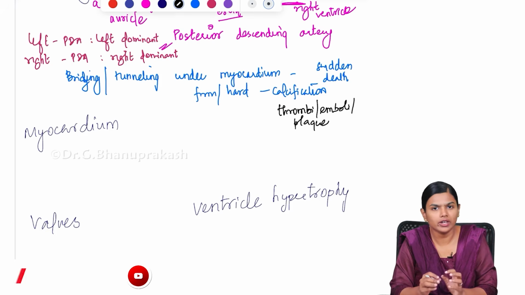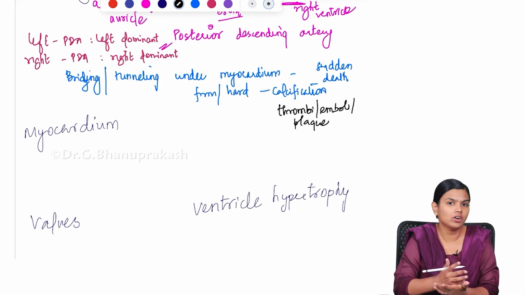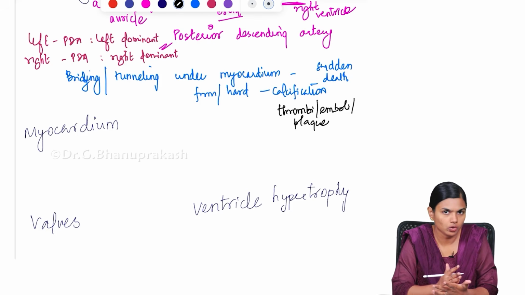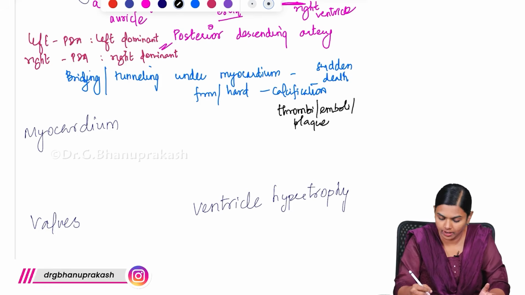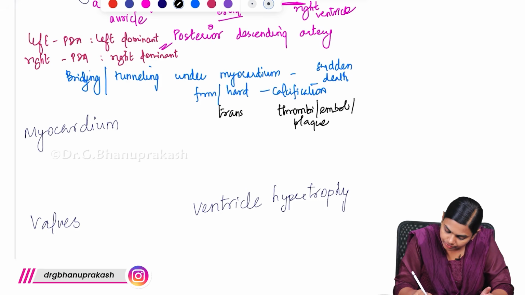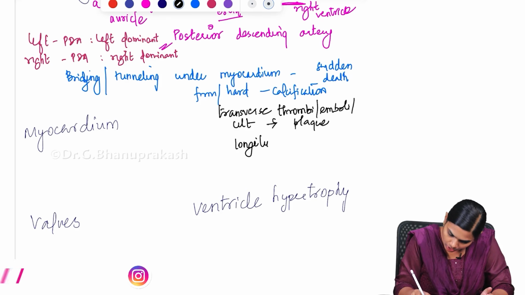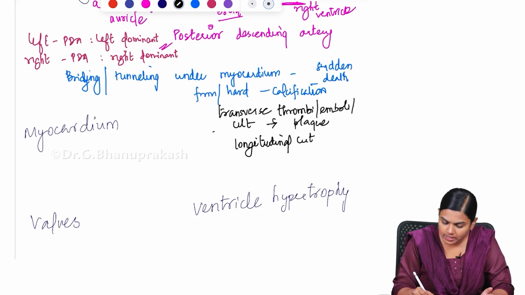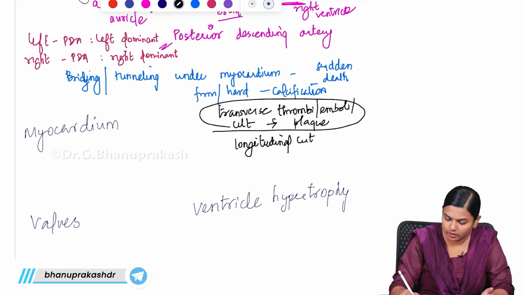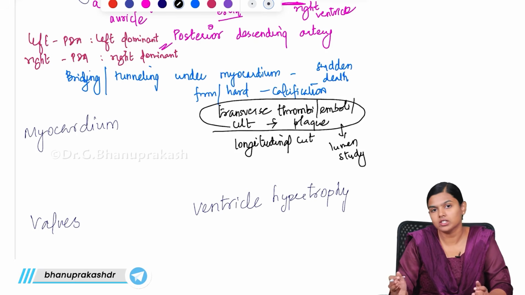If there is any narrowing, any obstruction in the cross section of the artery, we have to look for. So you can either make a transverse cut and a longitudinal cut also. But to exactly know about the lumen, for this lumen study, you prefer these transverse cuts.